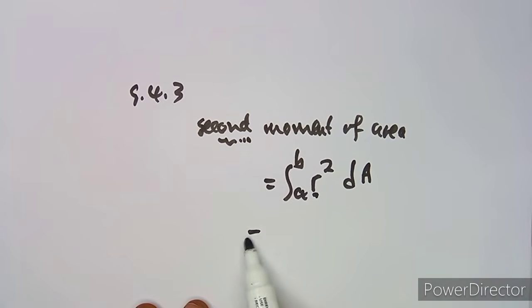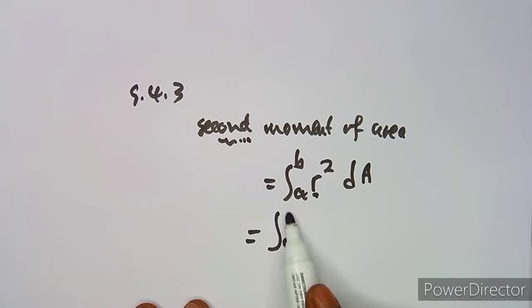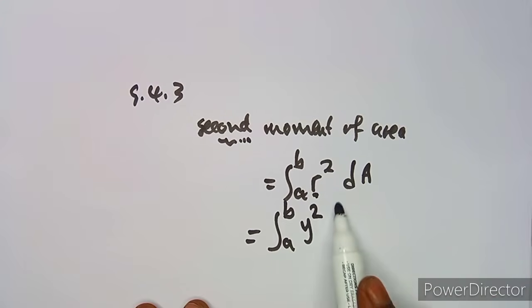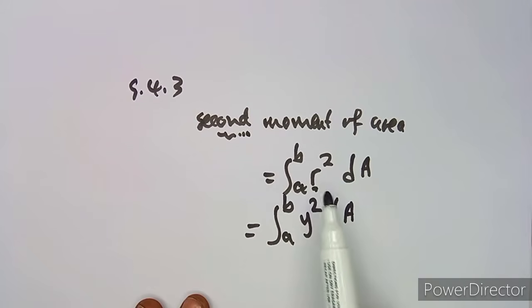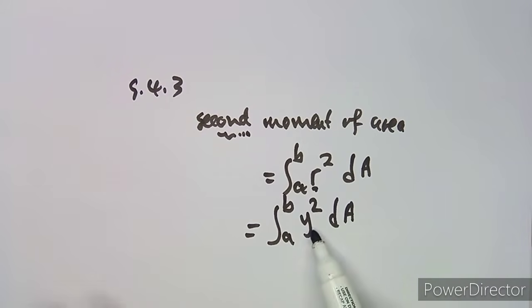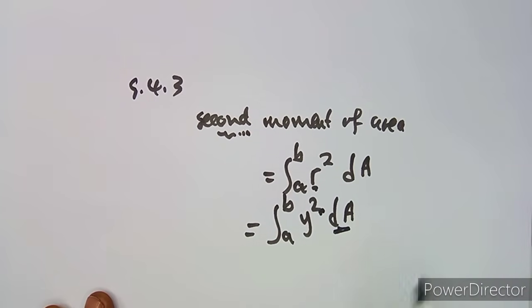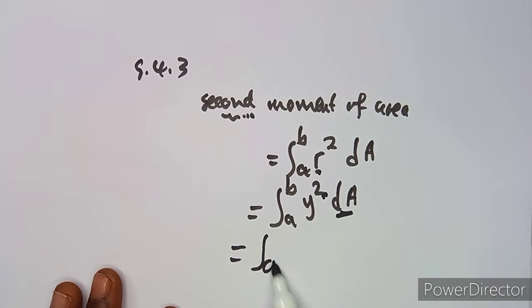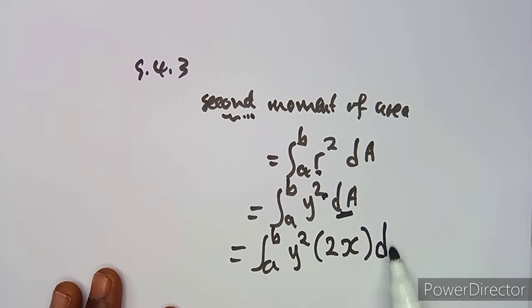Remember our r was representing y, so it's going to be the integral of y squared dA. If you know the first moment of area, it's now easier to obtain the second, because the second is just squaring this y. And this dA, remember, is 2x dy.